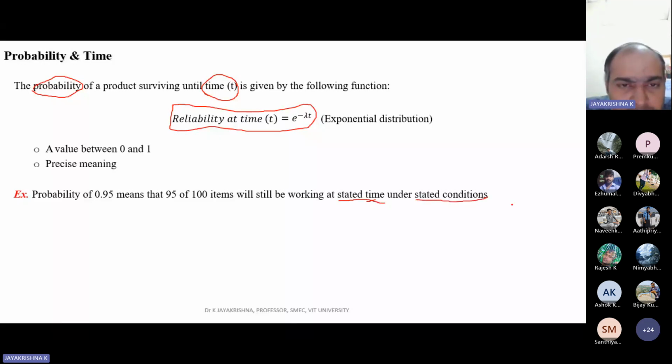So at a given time, at a given condition, the reliability at time t is equal to what? E power minus lambda t. Here lambda denotes the failure rate. Very good.